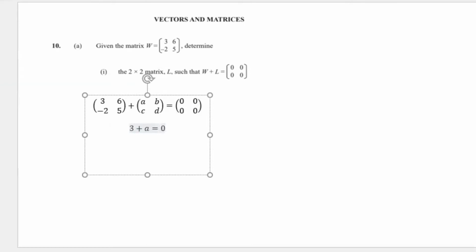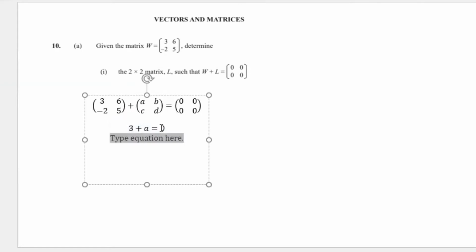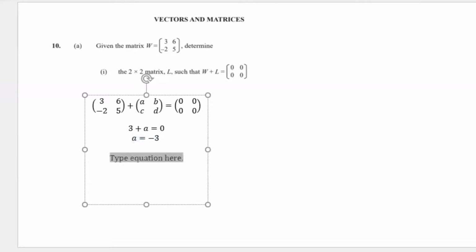You'll solve for A, and what you'll get A to be is A is therefore equal to negative 3. You'll do the same thing for B. So it will be 6 plus B is equal to 0. Solve for B, and therefore B is equal to negative 6.